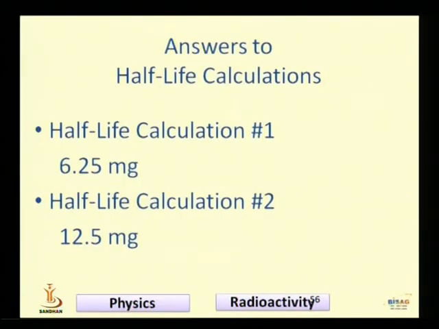Then after 10 minutes that 200 will give us 100 radionuclide. After 15 minutes 100 will give us 50. After 20 minutes, that 50 will give us 25. And in this way, at the last, you will get only 6.25 milligram of atoms which are in the radionuclide form. Here is the answer.